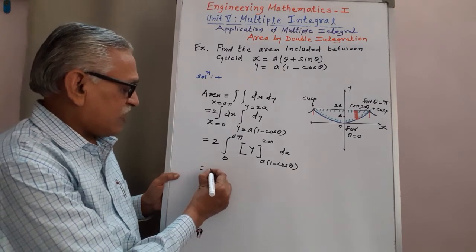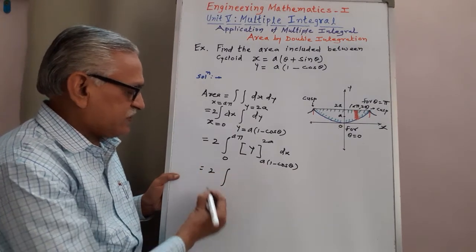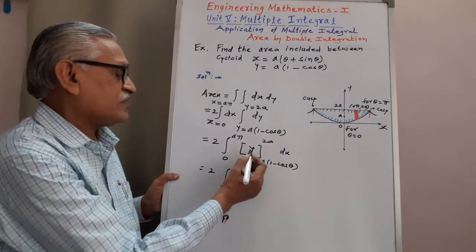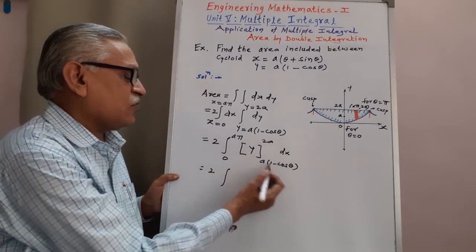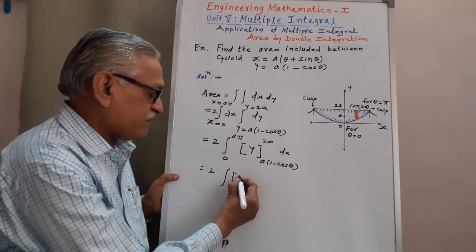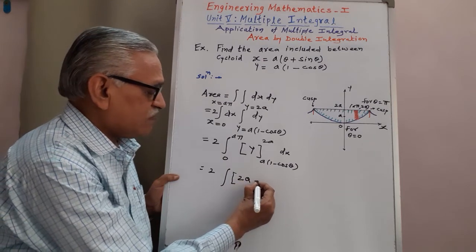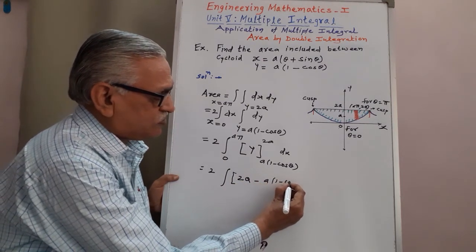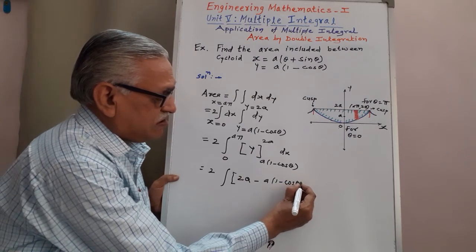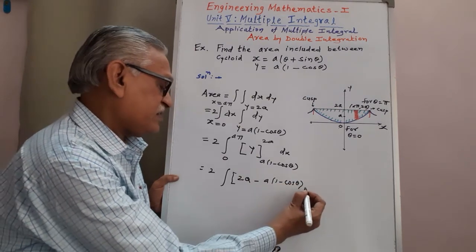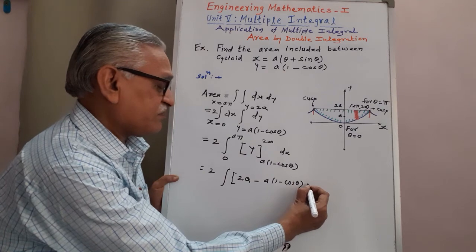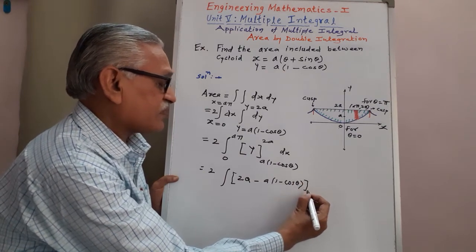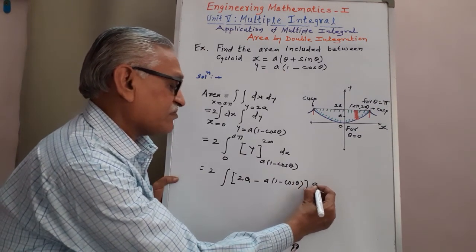It is 2 times the integral, substituting upper and lower limit. Upper limit is 2a minus lower limit a(1 minus cos theta), and dx.